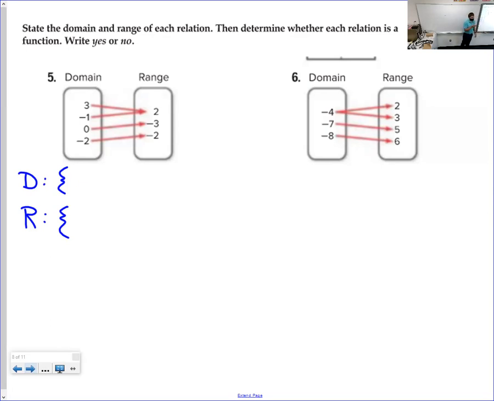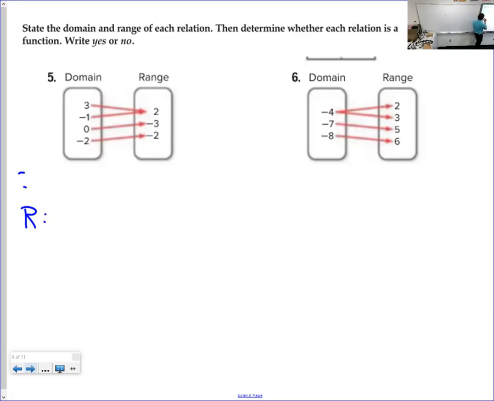All right, the domain. What's the domain here? I'm okay not hearing the answer. I know you guys got it, right? And our range, oops, that's not at all how I told you to do it.